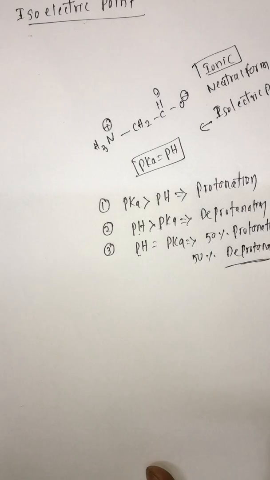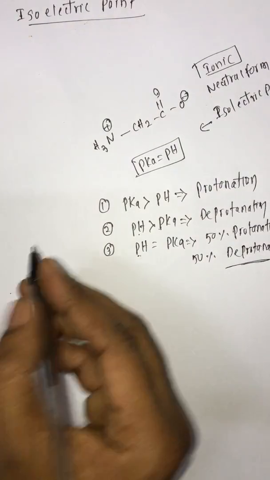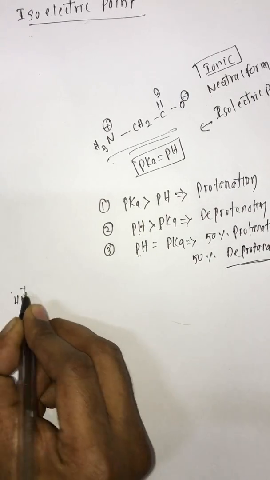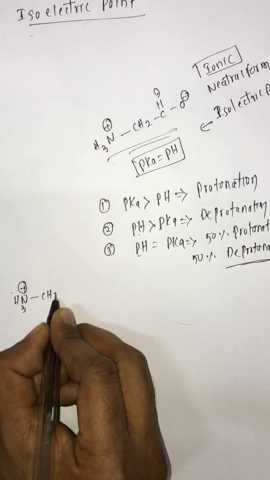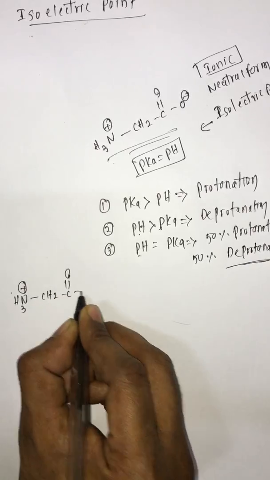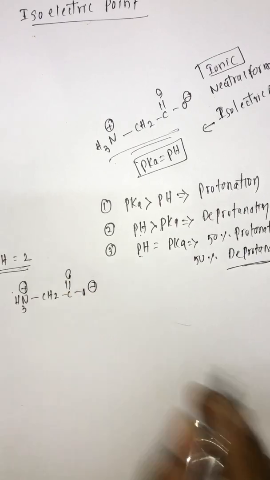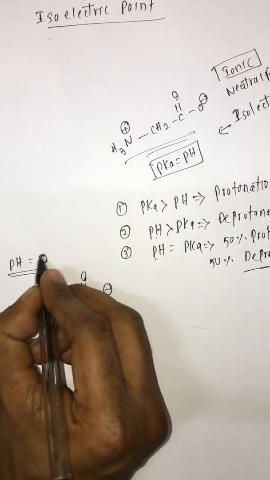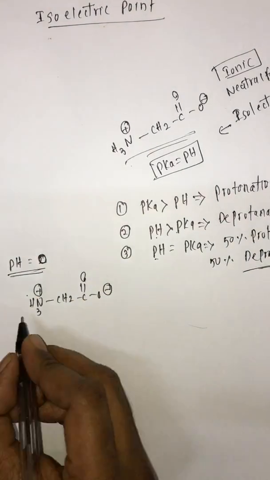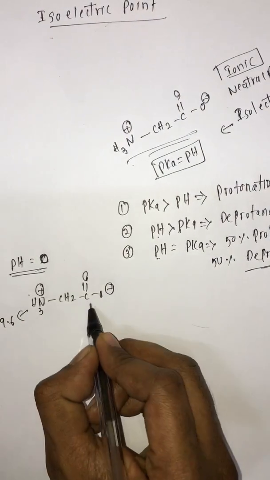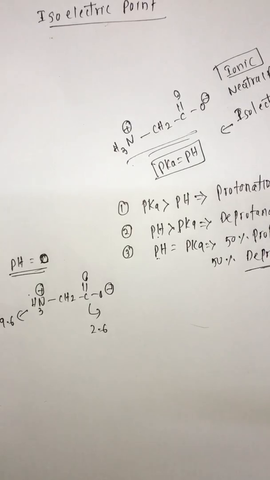Okay, now we'll take this amino acid. We have NH3+ CH2 COO-. At pH 0 first, the pKa of NH3+ is 9.6 and of the carboxylic acid is 2.6.